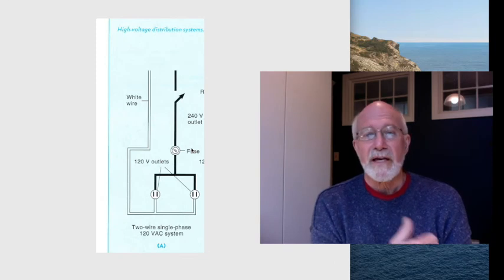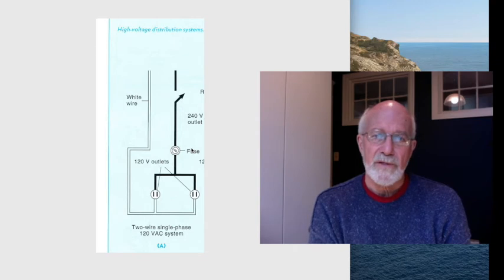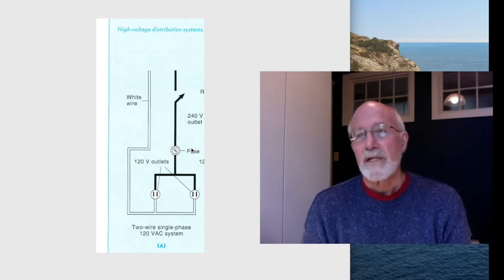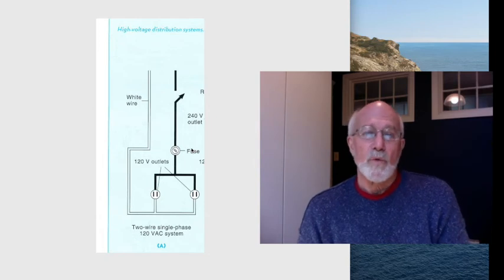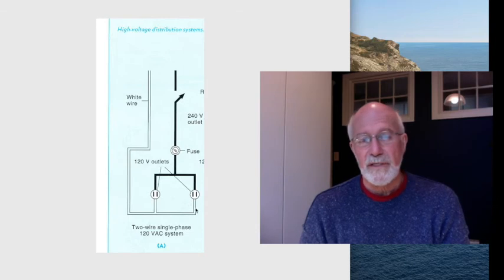And in that case, all the power available to that circuit is flowing through without being limited by the work it's supposed to be doing, namely running two lamps, for example.